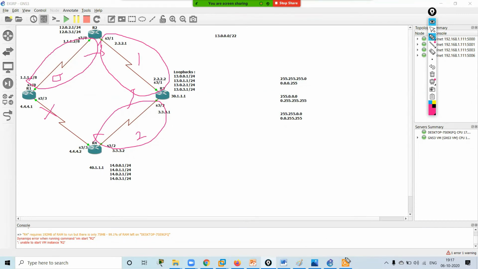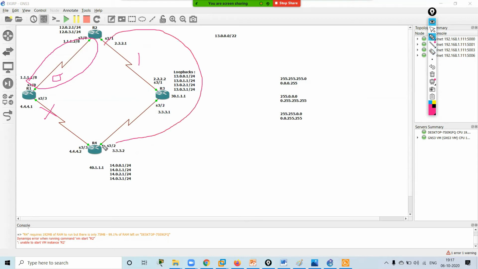What you can do? The first solution is to extend this area 1 and take this router in area 1.